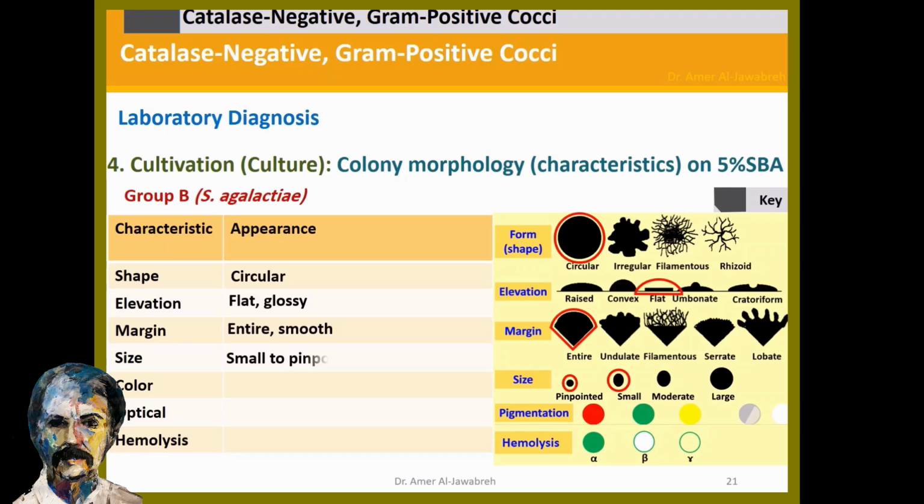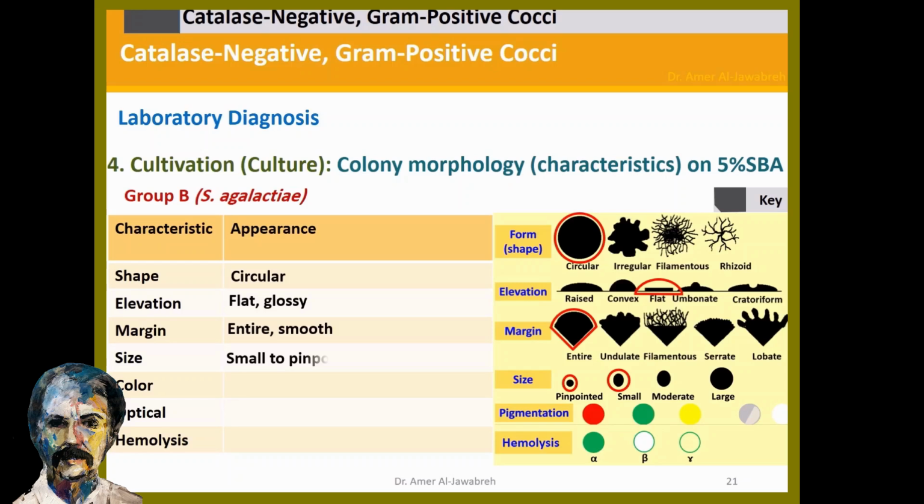By the way, one good feature of strep is the pinpointed colonies. Very, very small in the first 24 hours. Every time we used to see these tiny colonies, very quickly it came to our mind: this is strep, not like staph.